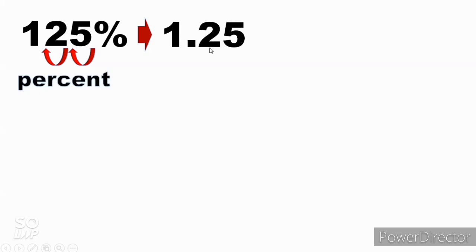Okay, now we have some examples. We have 125%. Okay, 125% convert to decimal. So we're going to move the point from the right side going to the left side 2 places. So we have 1.25. So 1.25 is the decimal of 125%.